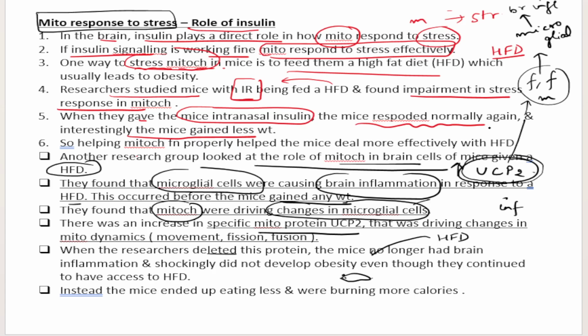And when researchers deleted this protein, UCP2, the mice no longer had brain inflammation.